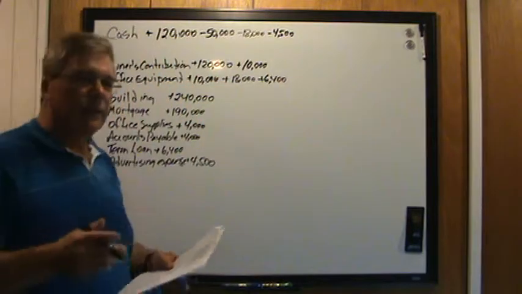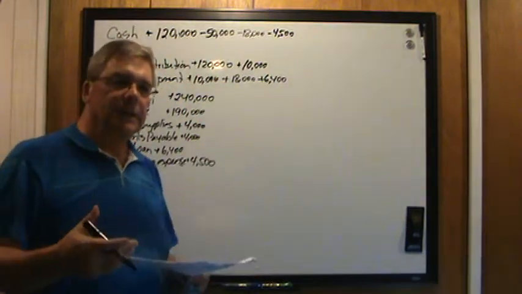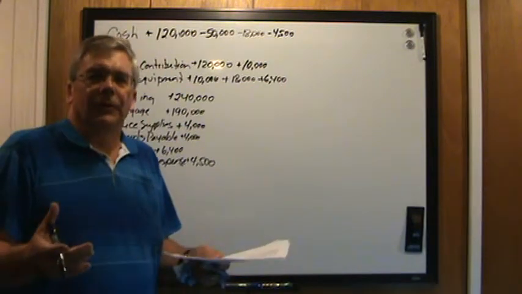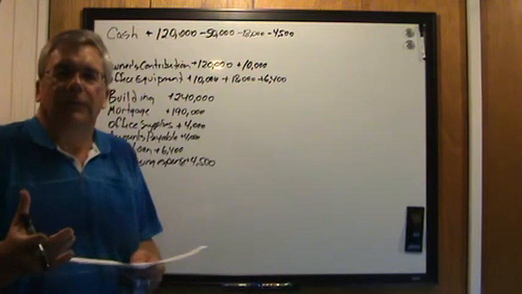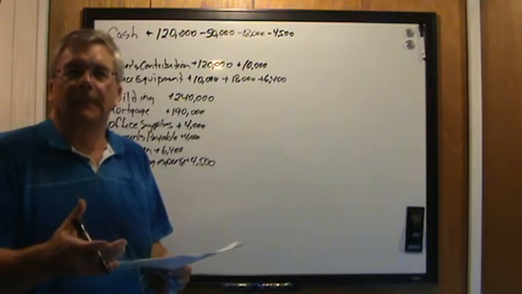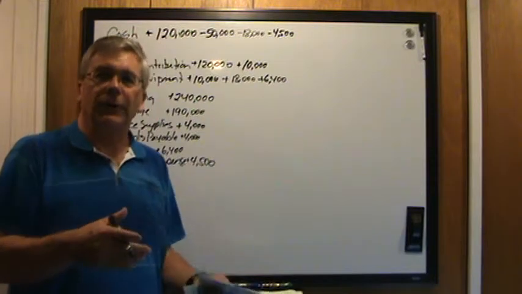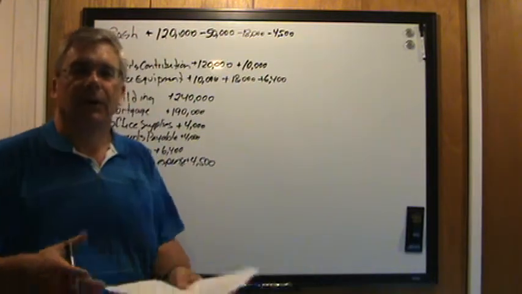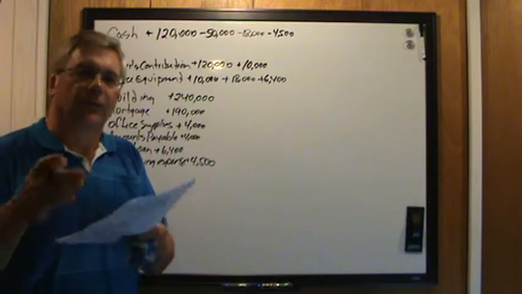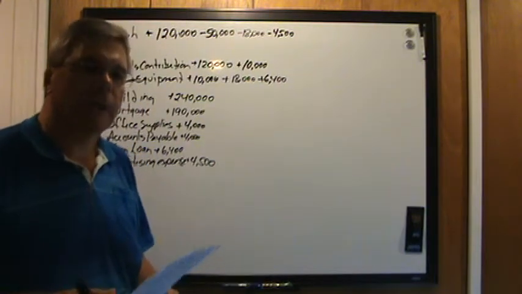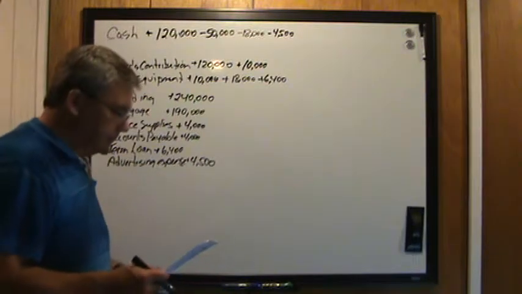With something like advertising, we normally claim that right away as an expense, even though we don't know for sure what sales it's going to affect. That's the reason we claim it when it's paid for. We don't know if it's going to affect sales right away now or revenues for next year. So this is the option we take. It's called a period cost rather than a product cost.